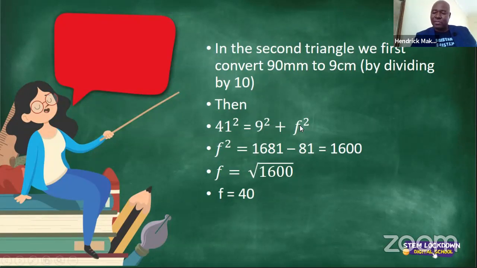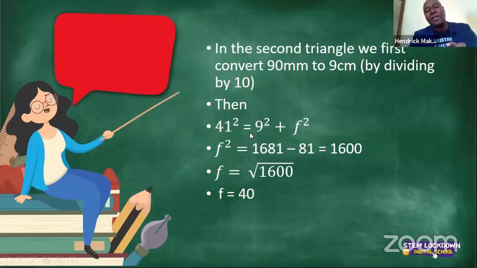By the way, f squared is equal to 41 times 41, which is 1,681, minus 9 squared, which is 81. Remember that when you transpose this 9 squared to the left-hand side, it will become 41 squared minus 9 squared. So it will change the sign.